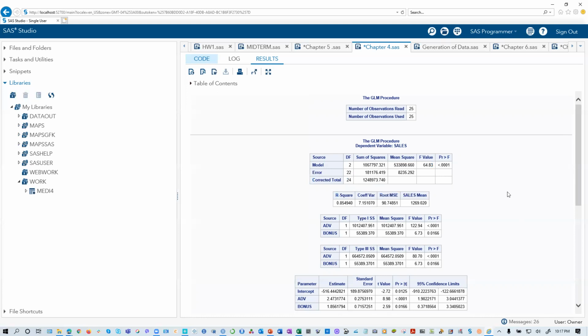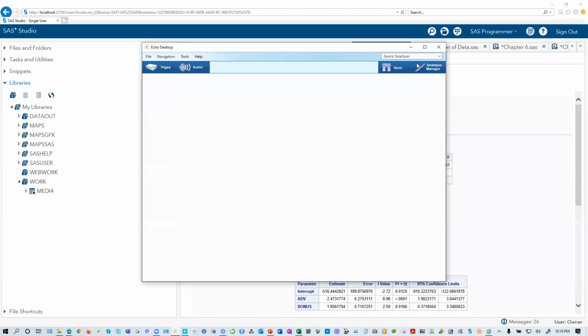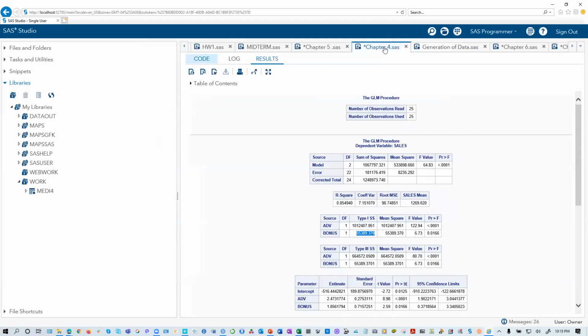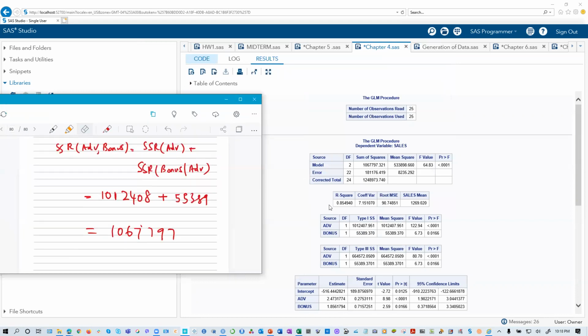How do you calculate this one? It's the one that I showed you. But we don't do anything by hand. These two will add to this one.